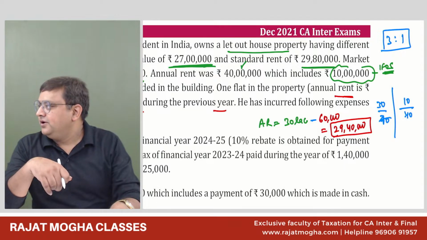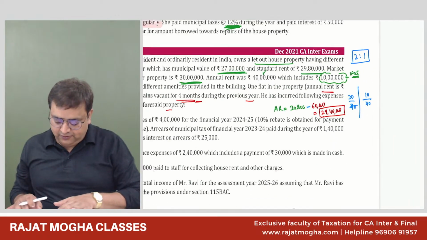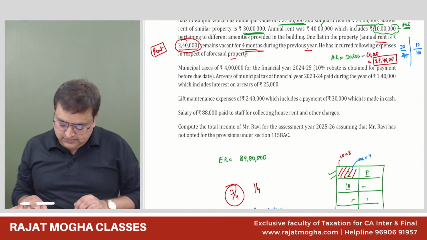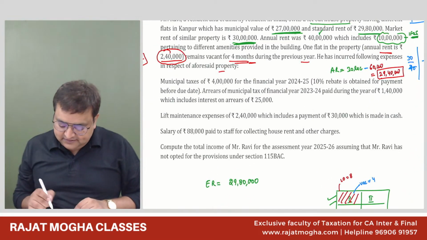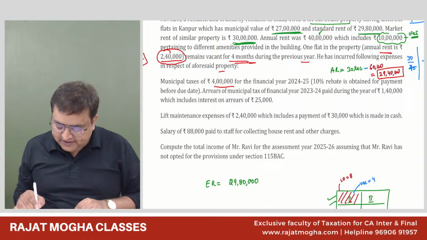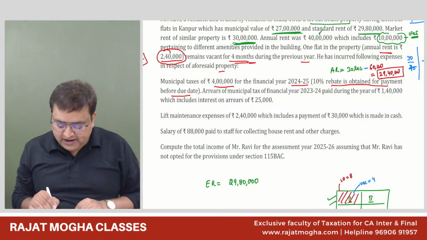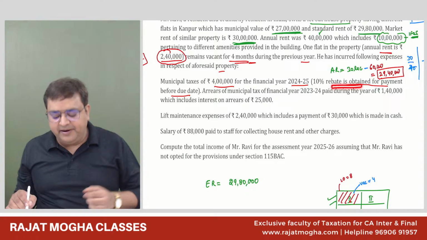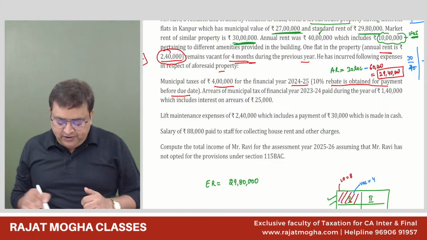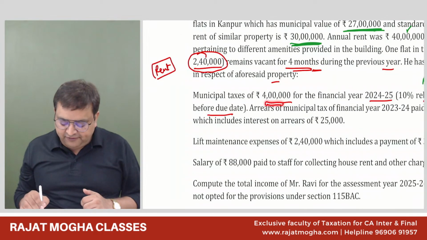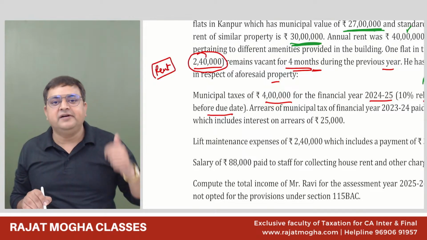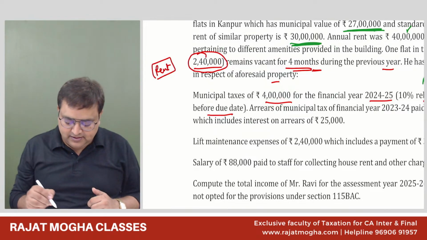Okay, good. Now, municipal taxes were 4 lakh rupees for the financial year 24-25. A 10% rebate is obtained for payment before the due date. So municipal taxes were 4 lakh and he also got a 10% rebate. How much municipal tax has he paid?